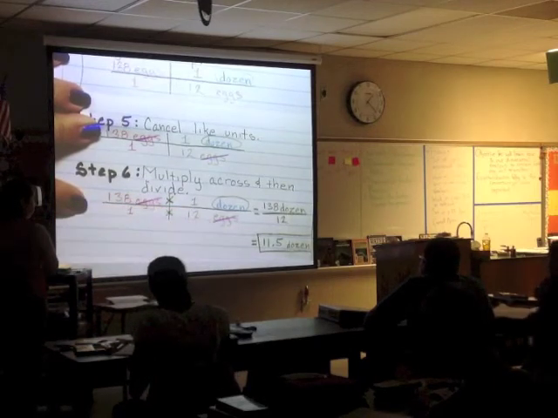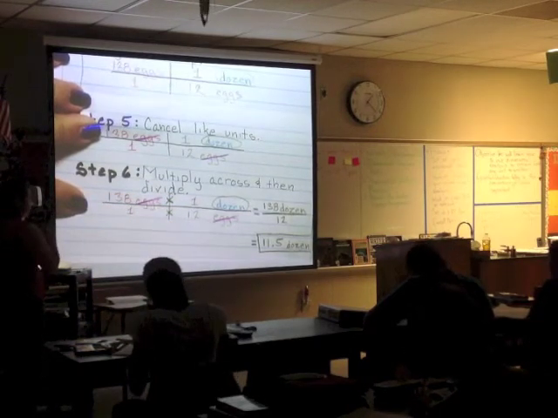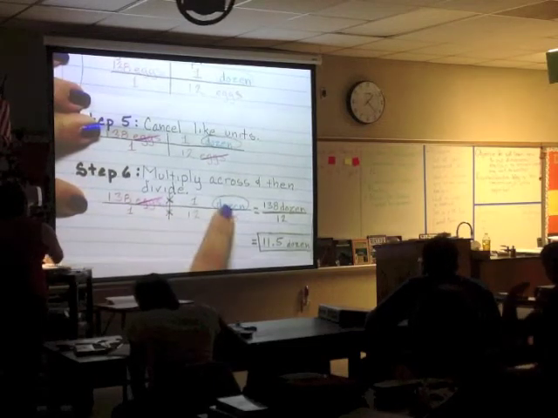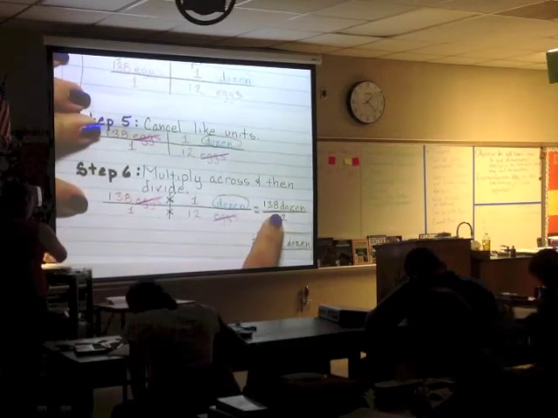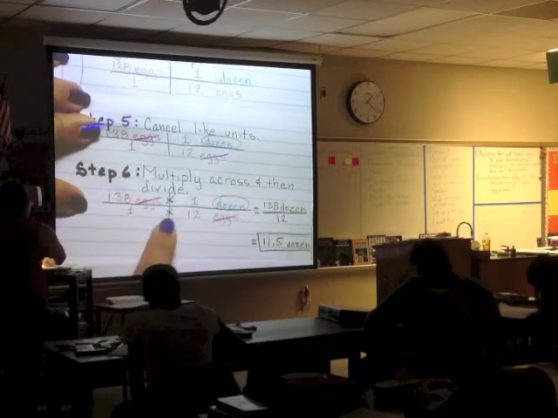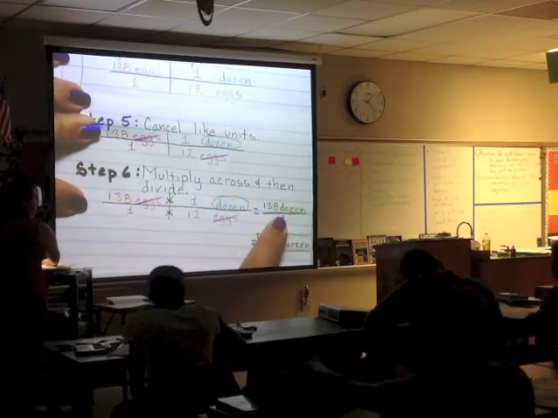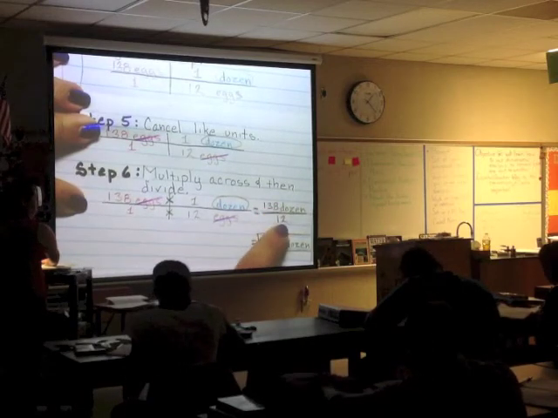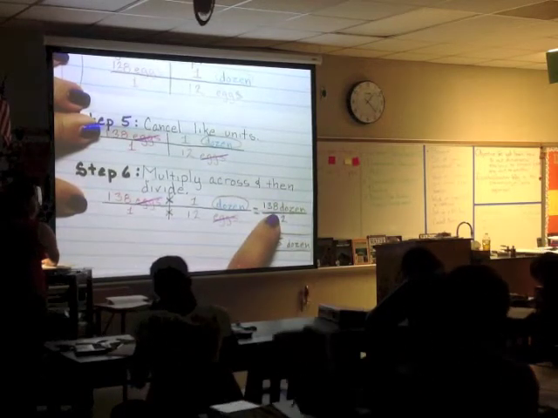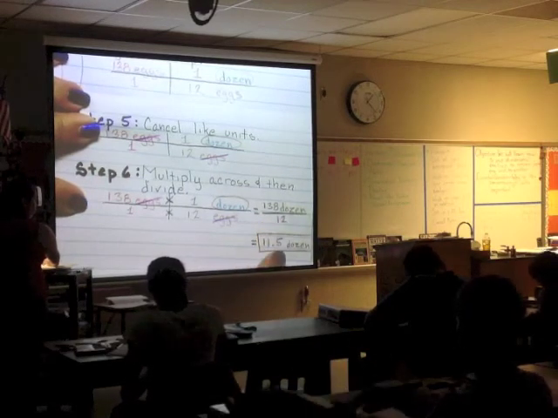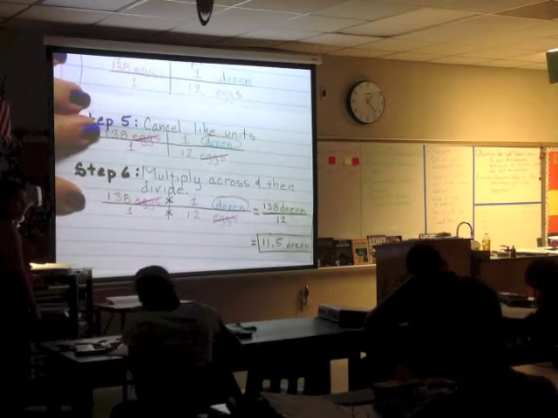I canceled eggs. Now I'm on my last step. Multiply across. 138 times 1 dozen is 138 dozen. 1 times 12 is 12. In math, when I have a number over another number, what does this line mean? Divide. So 138 divided by 12 gives me 11.5 dozen.